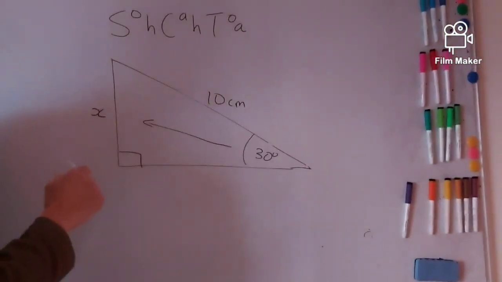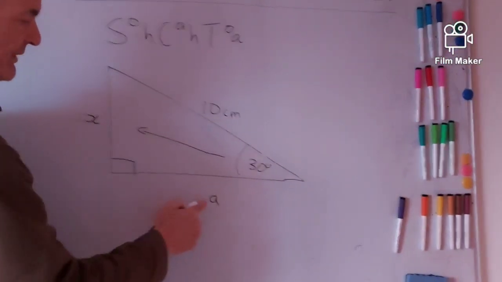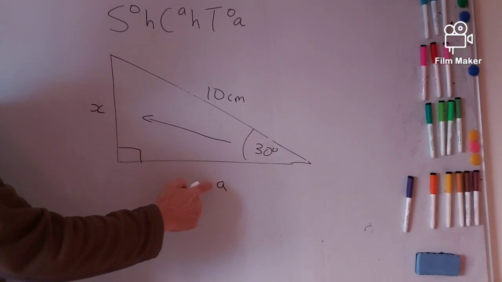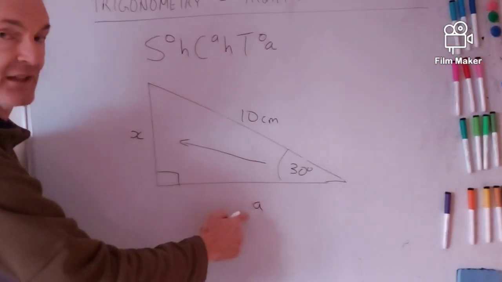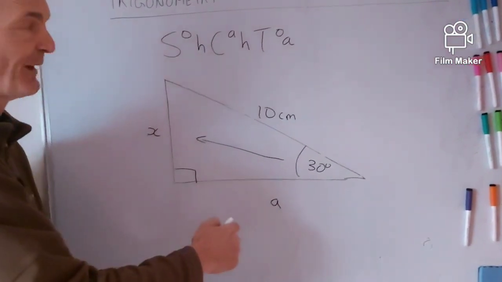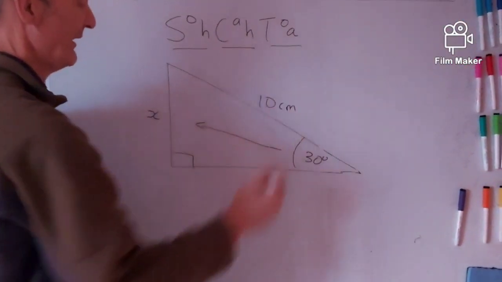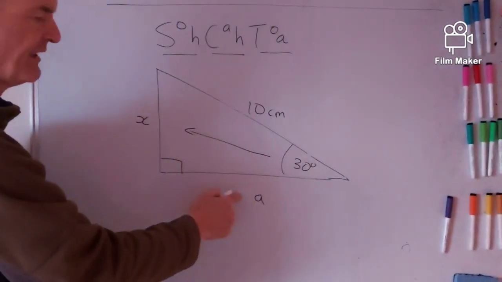Those are what we're interested in. Now, the one we haven't got is the adjacent. We don't want to find that. We're not asked to find that, and we've not been given it, so we don't need to know anything about the A. So one of the ways to work out which one of these three to use is to look at your triangle, see what you've got, and see what you don't need.